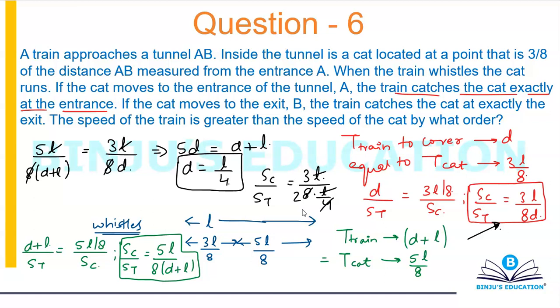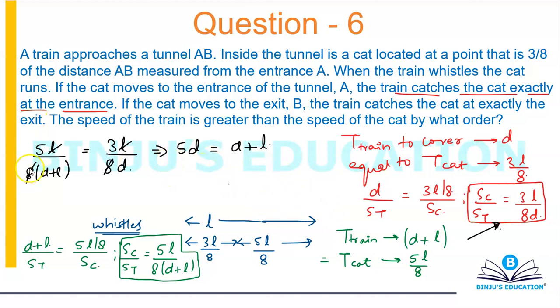So 5L divided by 8 into D plus L is equal to 3L divided by 8D. Oh, yes, I made one mistake, really sorry, while solving this ratio. So 8 goes out, L and L goes out. I think I forgot to cross multiply 3. So I'm going to have 2D is equal to 3L, or D is equal to 3L by 2.